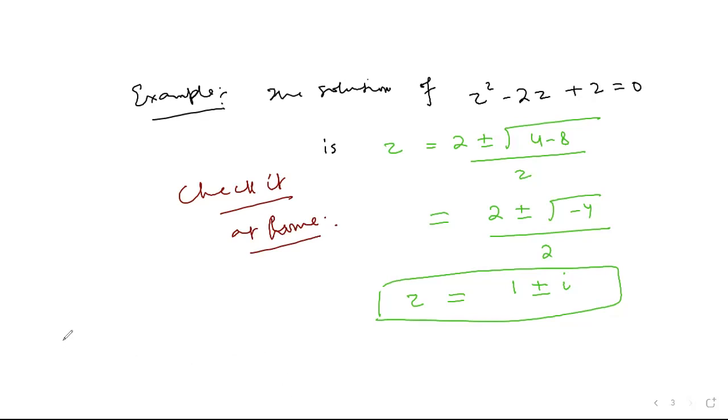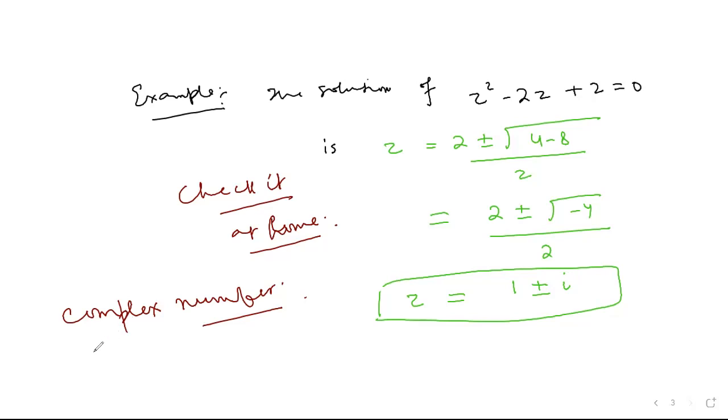Now we use the term complex number to mean any one of the whole set of numbers, real, imaginary, or combinations of the two, like 1 plus minus iota, right?